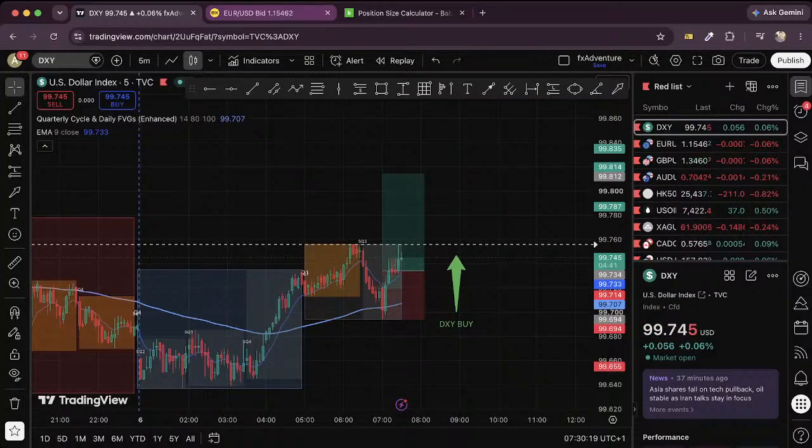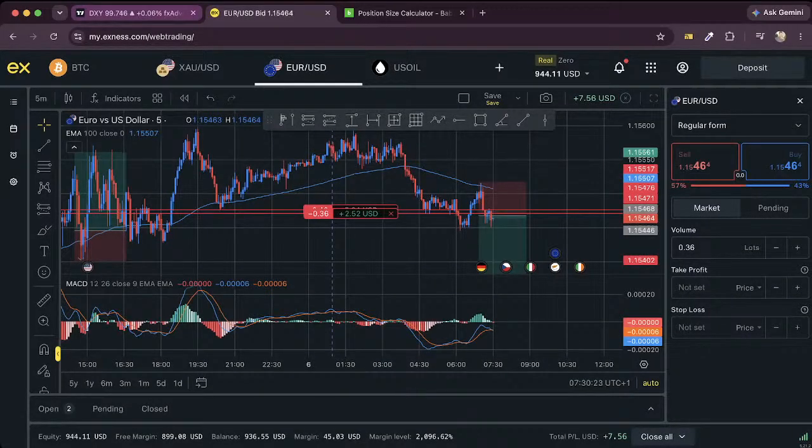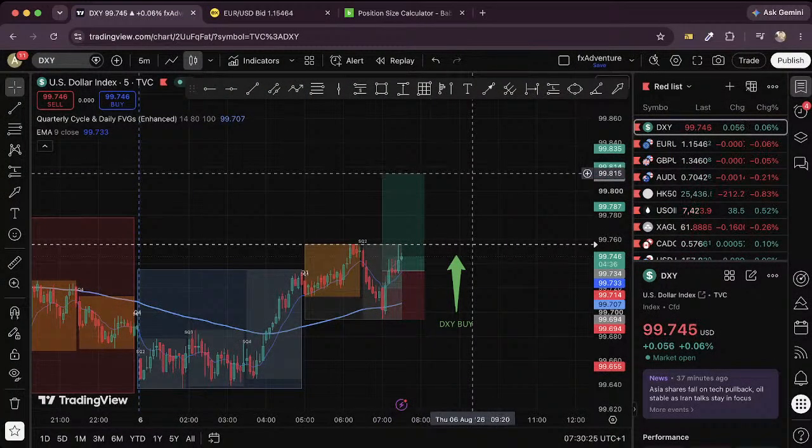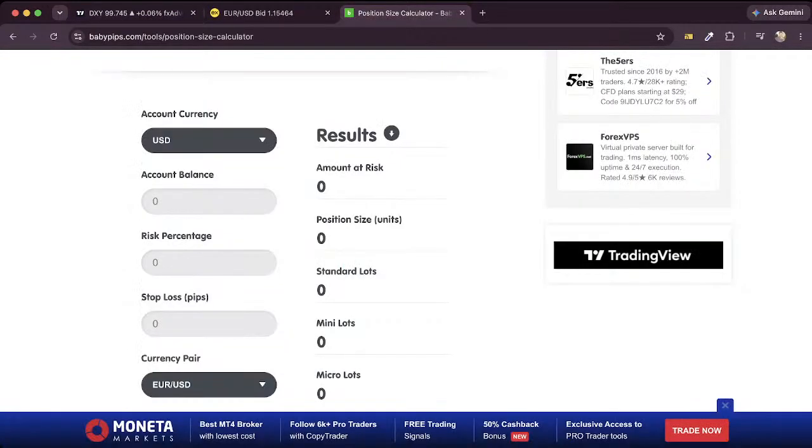Okay, observe this market. Just hold it. So if you come to this baby pips, I will send it to you.